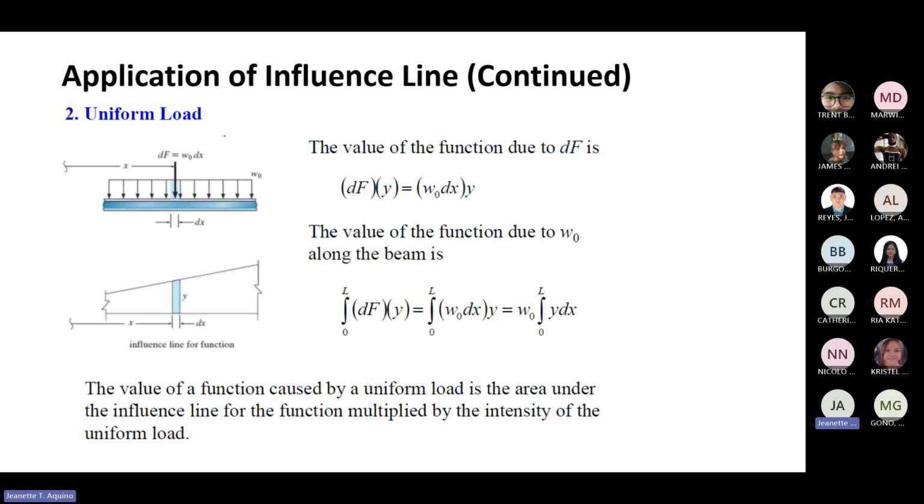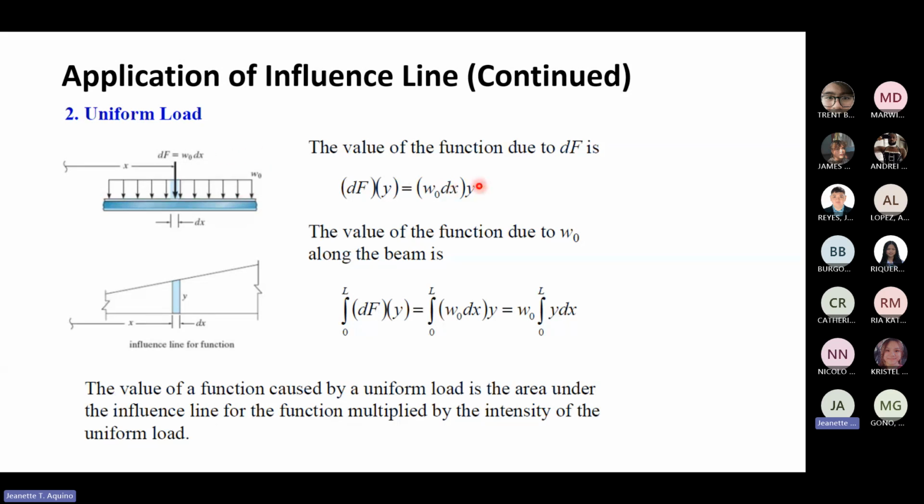For example, if you have a uniform load, the value of the function due to dF is equal to dF times y, where dF is the load w0 times dx, times y.